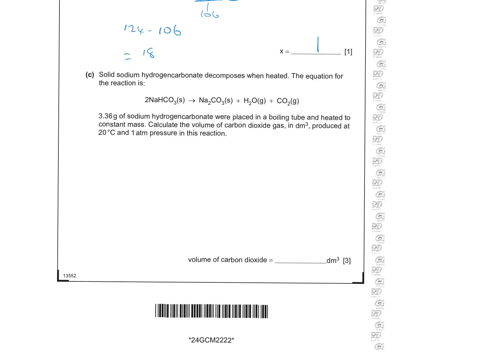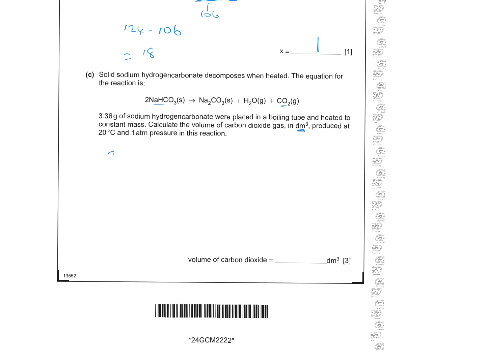Part C, I've got 3.36 grams of sodium hydrogen carbonate, which is this, and it's heated. So what we have to do is calculate the volume of carbon dioxide gas produced in cubic decimeters. Okay, so we've got to work out the number of moles of the sodium hydrogen carbonate.